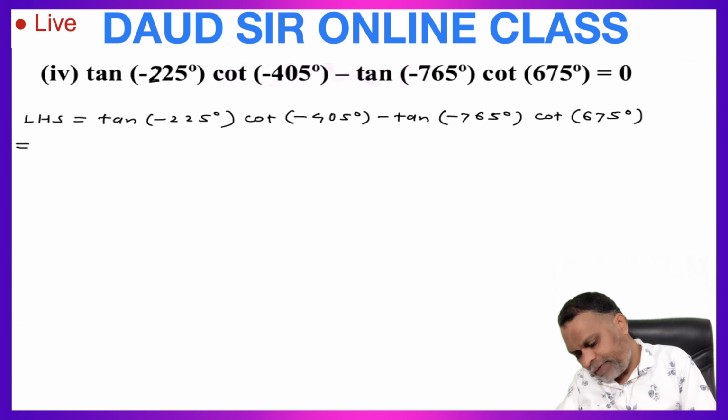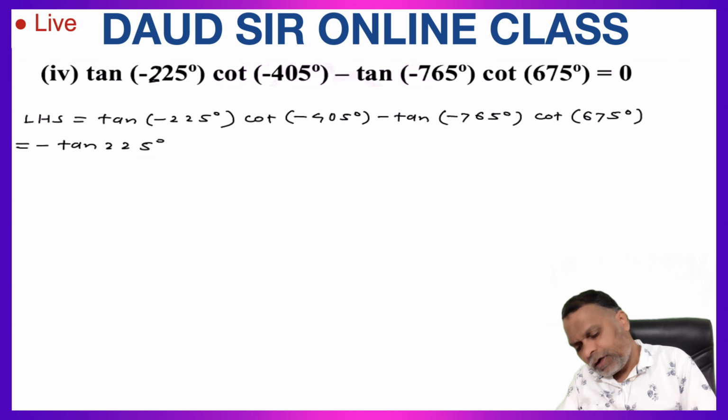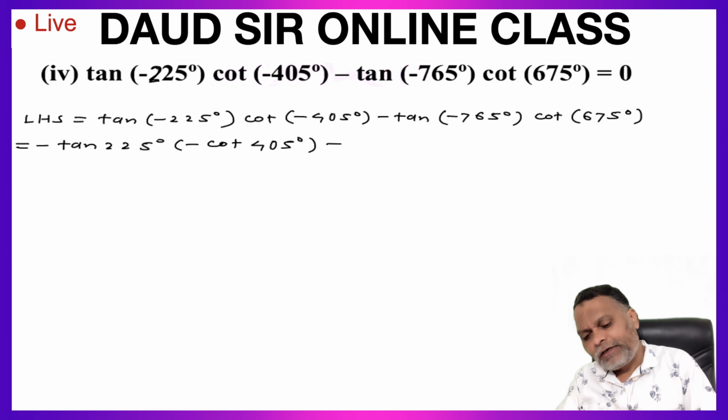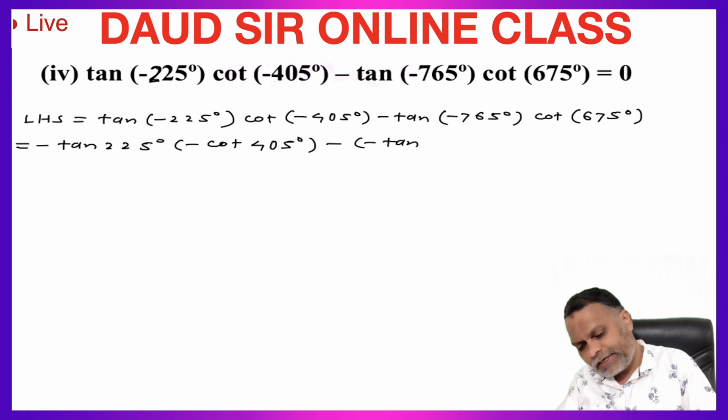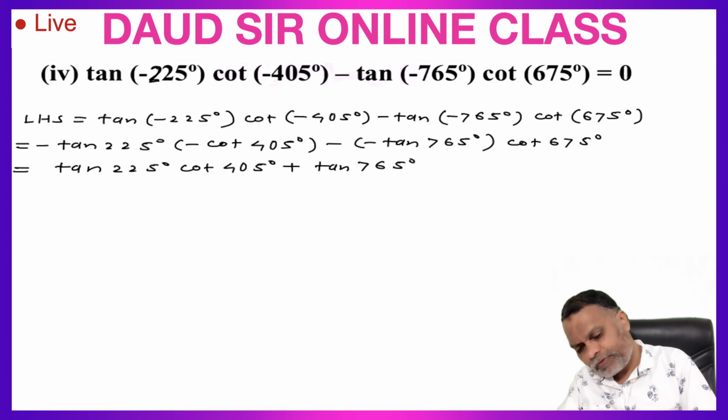So tan(-225°) is minus tan 225°, cot(-theta) is minus cot theta, so minus cot 405°, and minus tan(-theta) is minus tan theta, so minus tan 765° into cot 675° as it is, which is equal to minus minus plus tan 225° into cot 405° minus minus plus tan 765° into cot 675°.